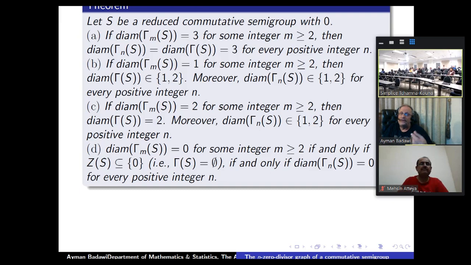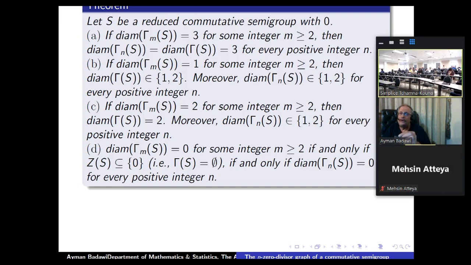And let me remind you again how the distance is measured. If I say the distance between A and B is 3, that means there are 3 line segments, like I can go from A to A1, A2, and then B. And when I say the distance is 3, that means I cannot go from A to B by two line segments or one line segment. It is the minimum number of line segments I need to use in order to go from A to B. And the diameter, you take the maximum of all these distances.